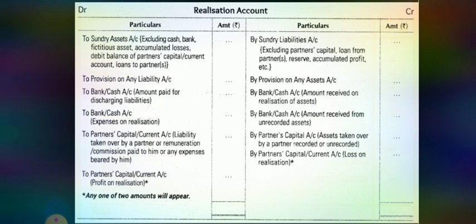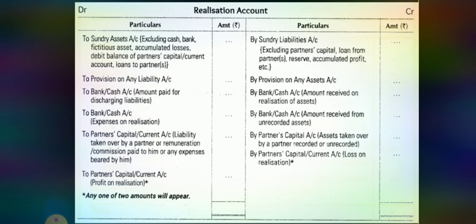If any provision on an asset is given, then it would be transferred to the credit side, just as provision for doubtful debts, which is on debtors. Debtors is an asset, so it will be transferred to the credit side. Next, debit side, bank account or cash account is given.